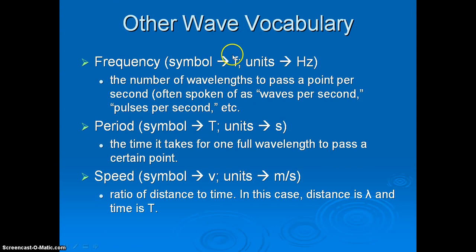Our symbol for frequency is lowercase f, and our units for frequency are hertz, and our hertz is really 1 over seconds. So when we're talking about hertz, we're talking about 1 over seconds. Because notice here that waves does not have a unit and pulses does not have a unit. So it just gets a 1, and second has a seconds unit.